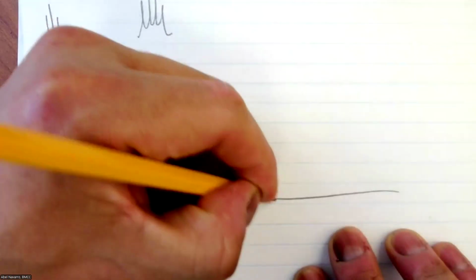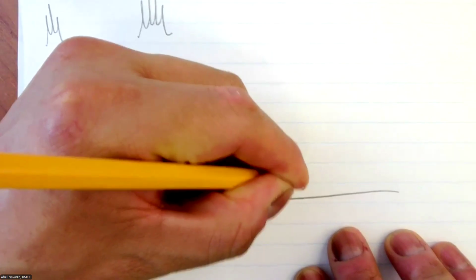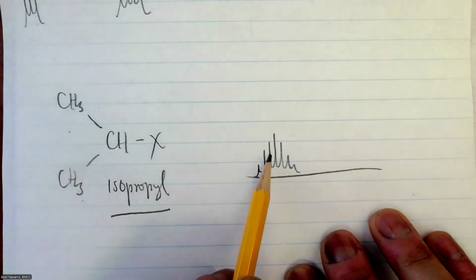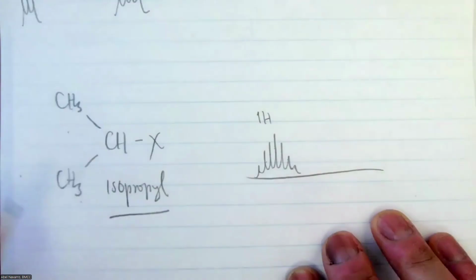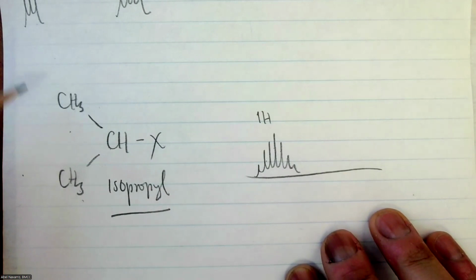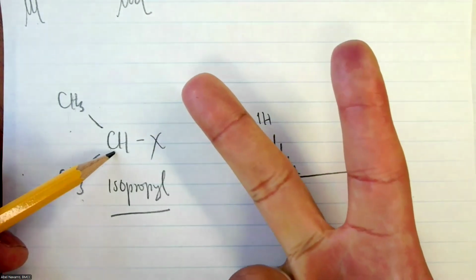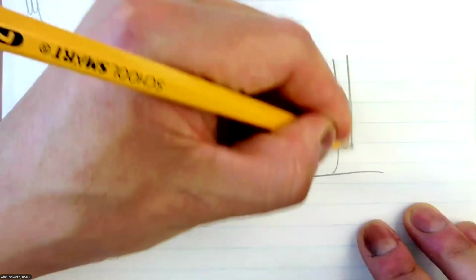You guys will have a septet. 1, 2, 3, 4, 5, 6, 7, septet, 1H, of course. And then these CH3s are equivalent, so they're the same. Each is next to only one hydrogen. 1 plus 1, 2, doublet.